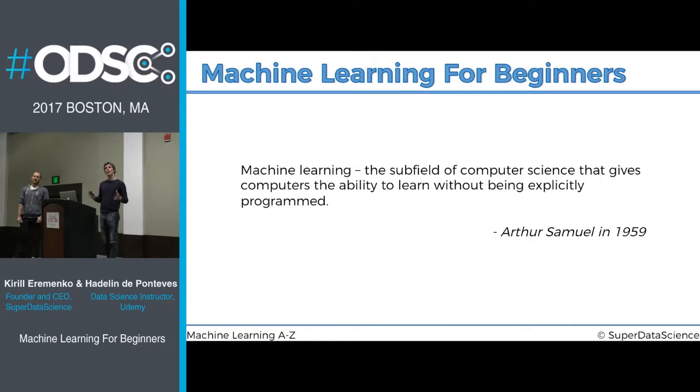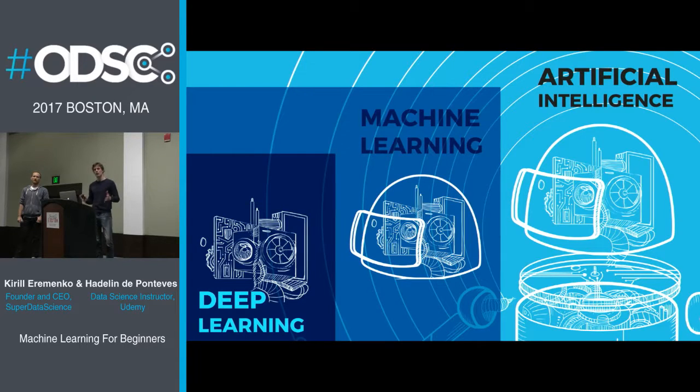Now, a more current question is: where do we locate machine learning among all the terms: deep learning, machine learning, artificial intelligence? For some people that's the same. For us, our vision is that artificial intelligence is the big thing. It can be, for example, to train some bad guys in video games. It can be machine learning.